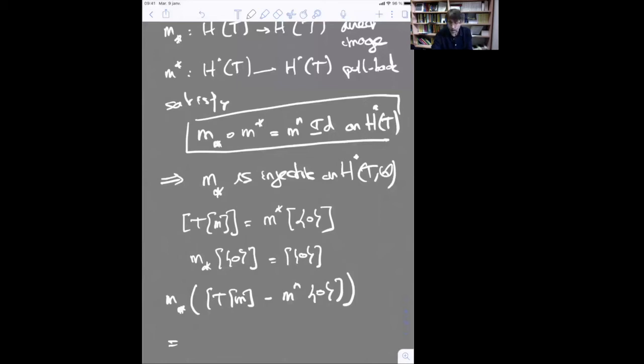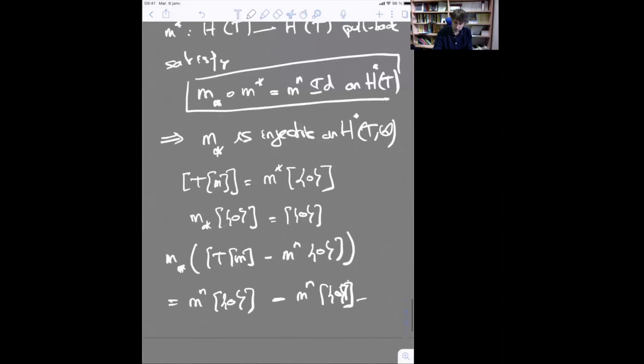And since direct image composed with pullback is m to the n times the identity, here we get m to the n times the zero section minus, again, m to the n times the zero section.